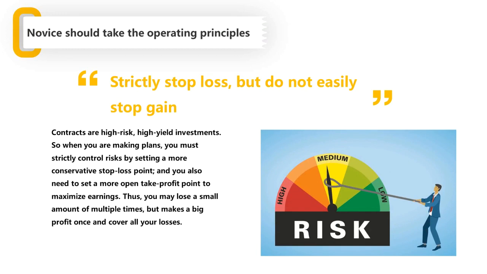The third principle, strictly stop loss, but do not easily stop gain. These contracts are high risk, high yield investments. When you are making plans, you need to control risk and maximize profits. So when you are setting stop loss points and take profit points, be conservative about losses and be open to profits.